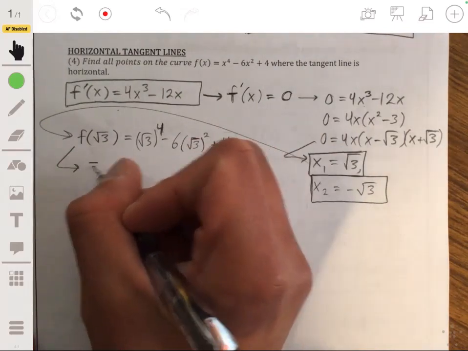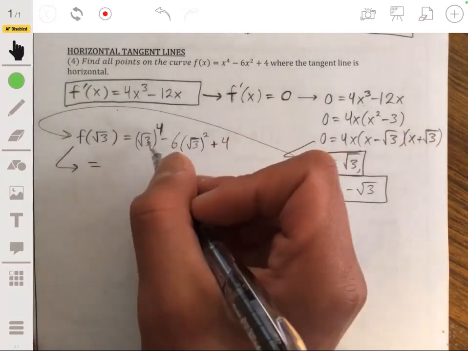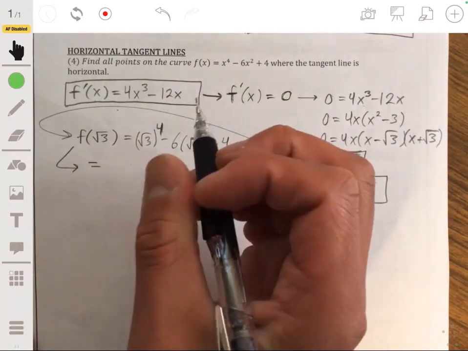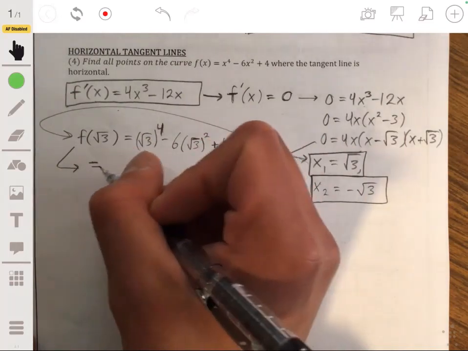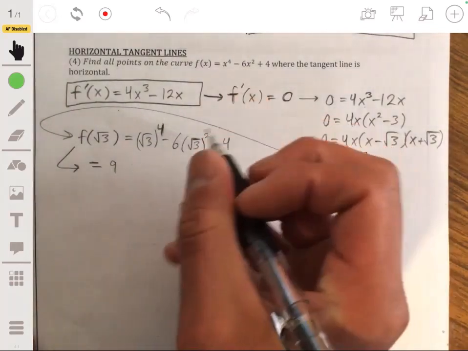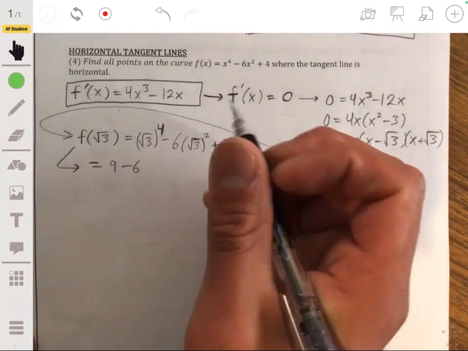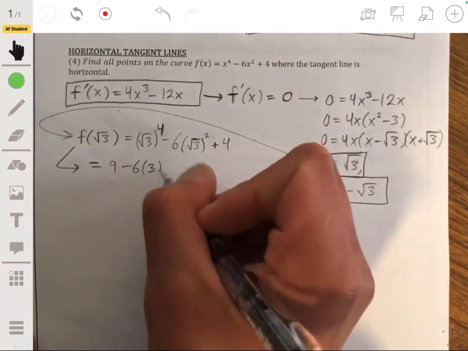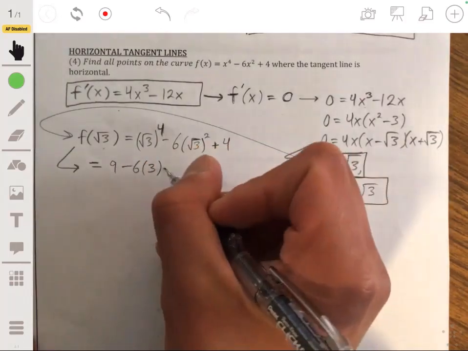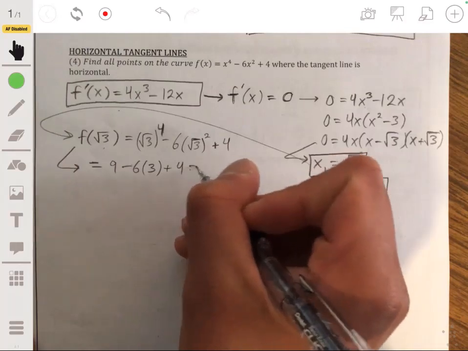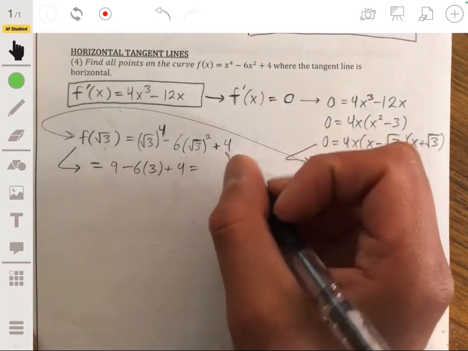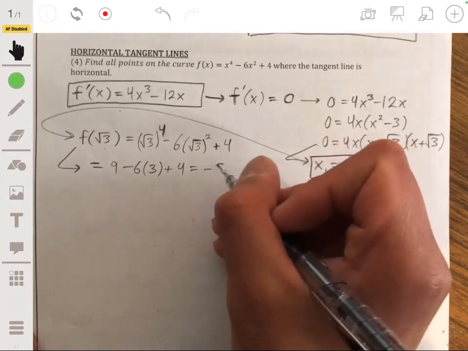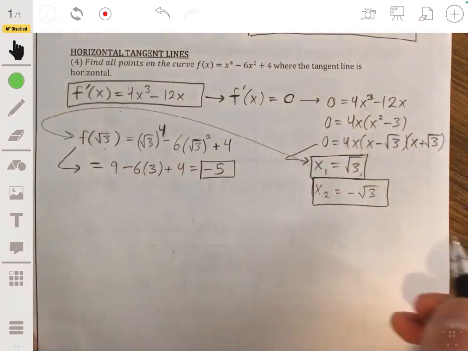This will be square root of 3 to the fourth, which is just 3 times 3, or 9. Minus 6 times the square root of 3 squared, which is just 3. So 9 minus 6 times 3 plus 4. So 9 minus 18, negative 9 plus 4. This will be negative 5.